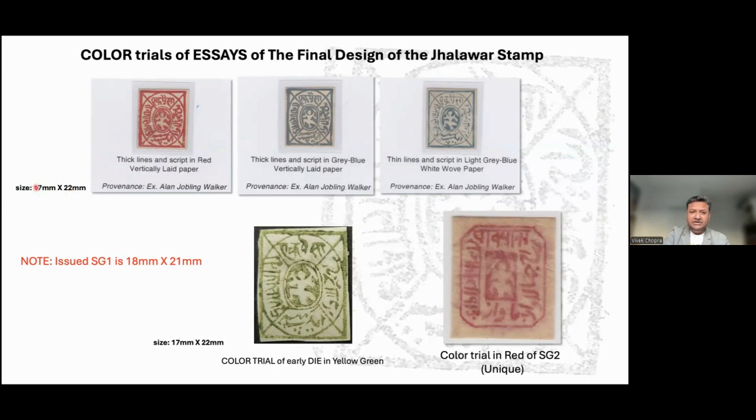So they are 17 millimeter by 22 millimeter. However, the issued is 18 by 21, right? And here are some examples found in various colors, as well as the final color, which is the yellow-green color here. And I also have a color trial of the second issue, which is actually seen in red here.